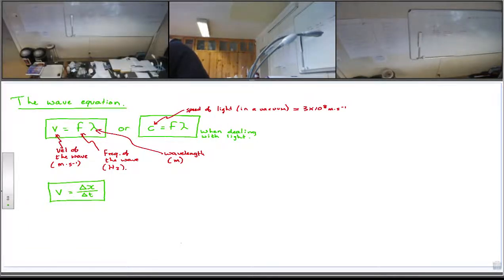That's tau, which is a squiggly T, which means the period of a wave. Where have you done them? I'd prefer you to do it in your book.